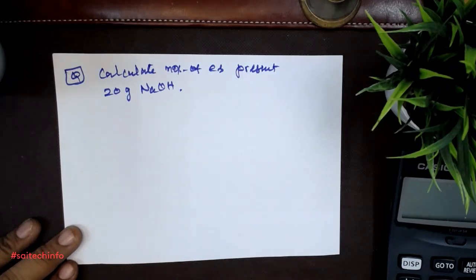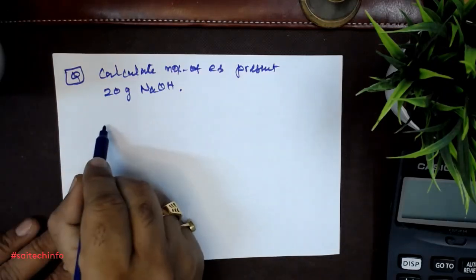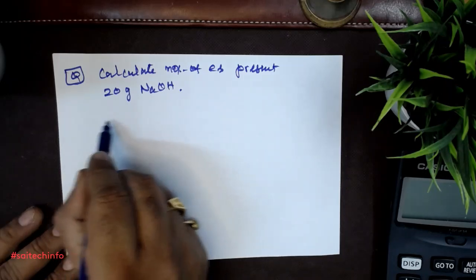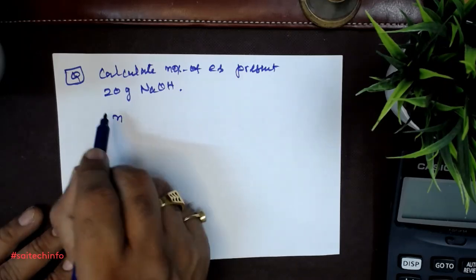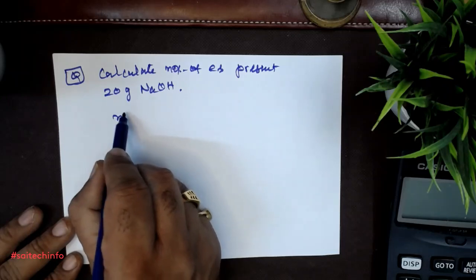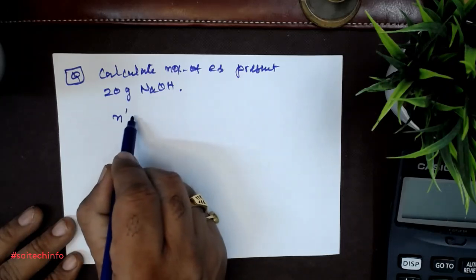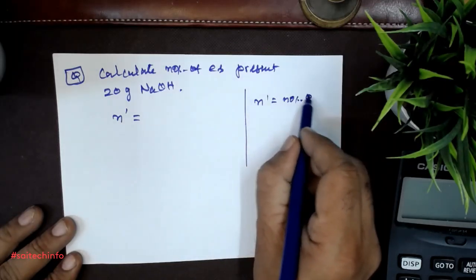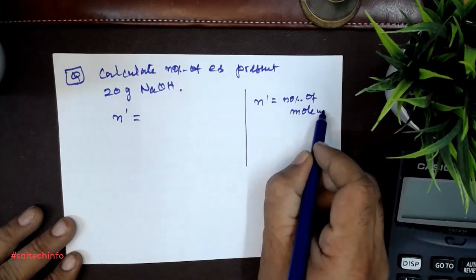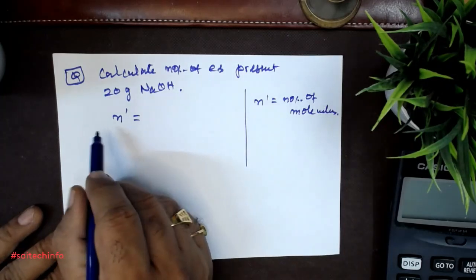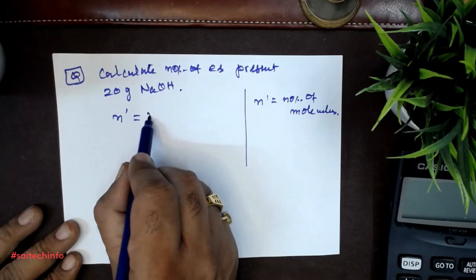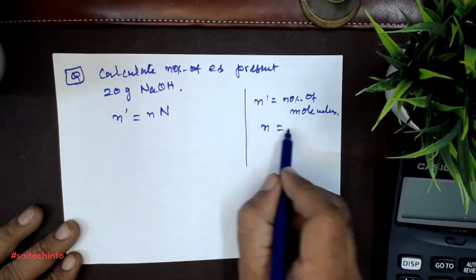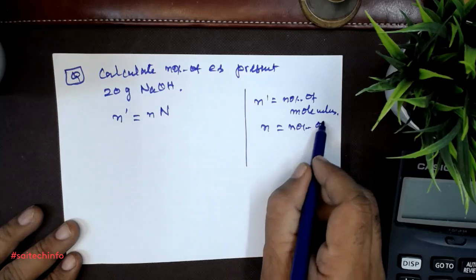First of all, we have to count the number of atoms, based on the number of molecules. So first let us find out the number of molecules. N dash is equal to the number of molecules. There is a formula for this: N dash is equal to N into Avogadro's number, where N is the number of moles.